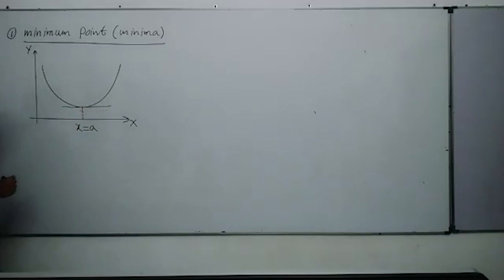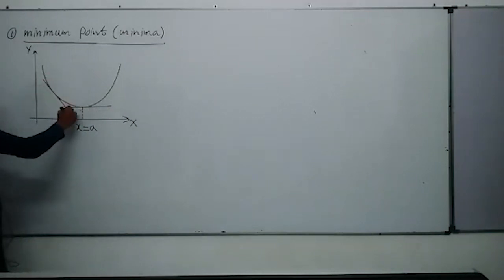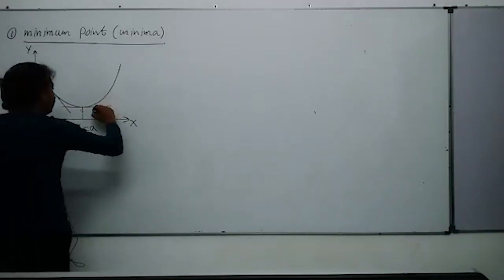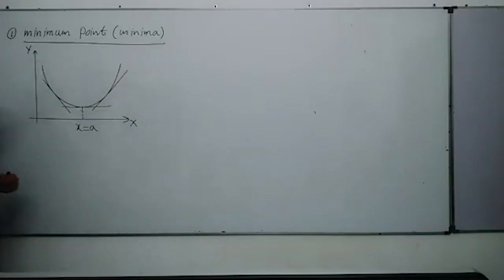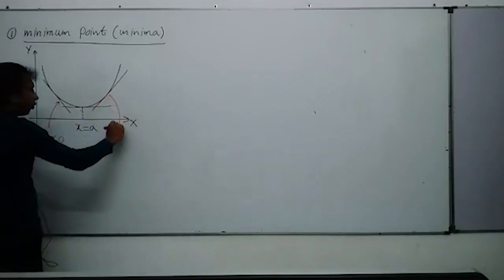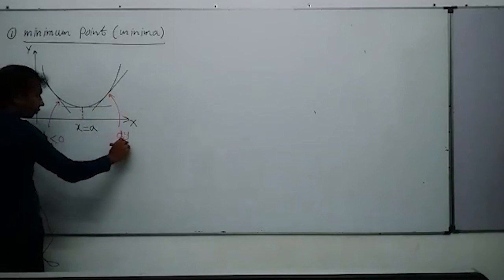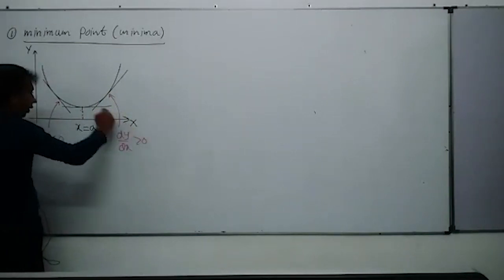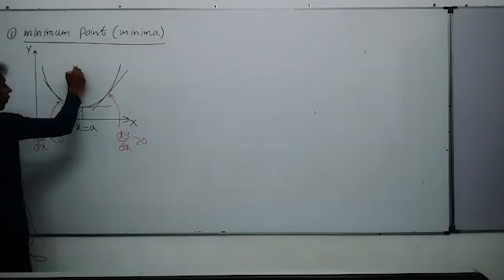Draw this way line. Here the gradient is negative. Here the gradient is positive. Exactly at this point, the gradient is 0.